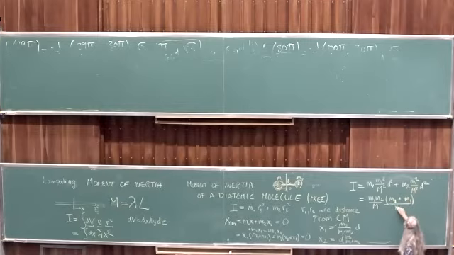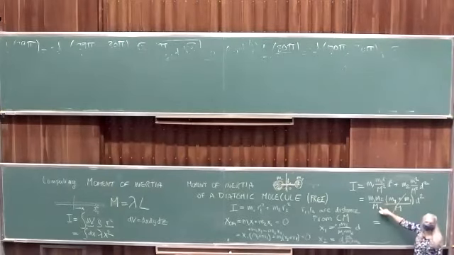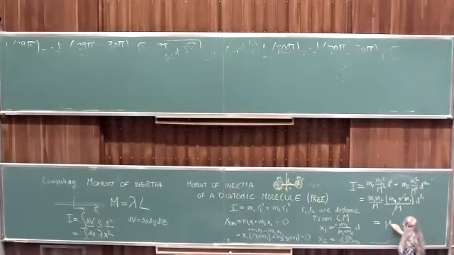That cancels out one of these m's, so this goes away, and then we get d squared. Does anybody recognize what that is again? Reduced mass. Yeah, you guys are getting used to that.